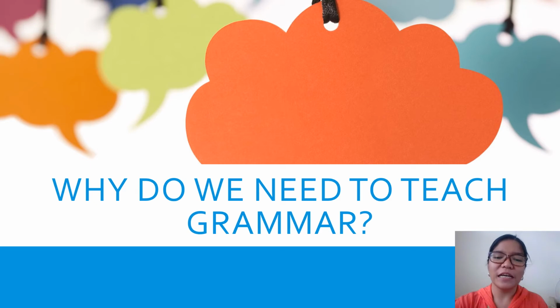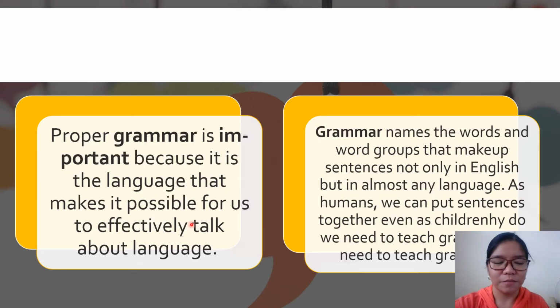Now, why do we really need to teach grammar? According to the power of grammar learning, according to Uncle Google, proper grammar is important because it is the language that makes it possible for us to effectively talk about language.